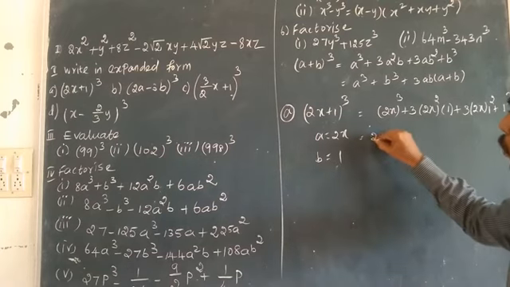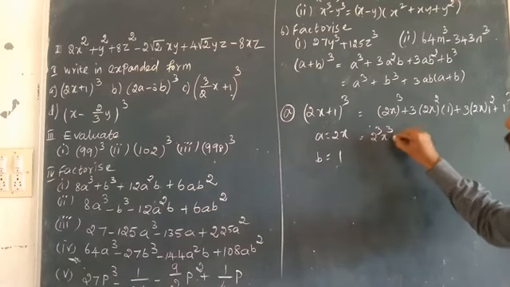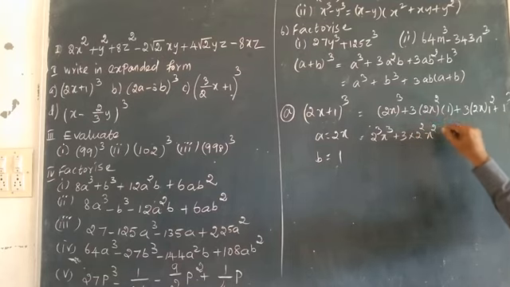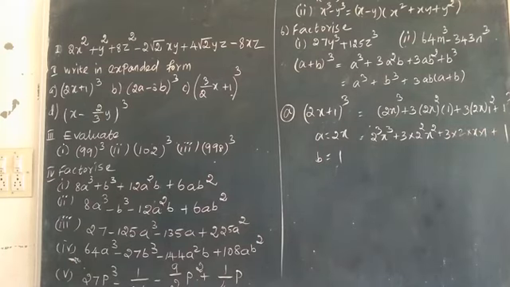Now this is 2 power 3 into x power 3 plus 3 into 2 squared into x squared into 1, no need to write, plus 3 into 2 into x into 1 squared, which is 1, plus 1 power 3, which is 1.